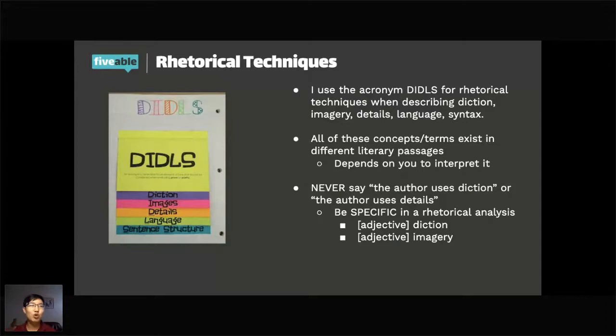That kind of rhetorical technique is a choice that the author made. And then what you're doing in that essay is talking about how the author's choice to use that diction or that imagery helps contribute to their purpose. And if you have any questions, once again, leave them in the chat or in the Ask a Question tab, and I will get to it.